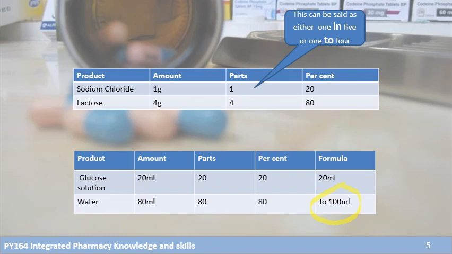There would be a slight difference because of the amount of space that sodium chloride and lactose take up in the solution. So therefore we say we make the product up to the final amount, because water is basically just a diluent. So very frequently in formulae you'll see "to 100 mils" or "to 1000 mils", and that's what you have to make the final product up to.